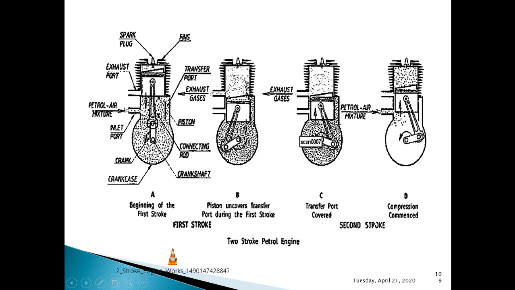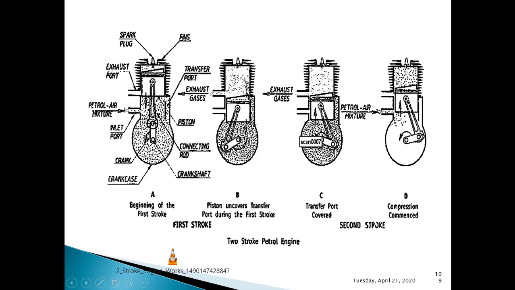So it first uncovers this exhaust port, part of the exhaust gases goes out of the combustion chamber, and next during its downward movement it uncovers this transfer port. As soon as the transfer port gets uncovered, the partially compressed air fuel mixture enters this engine cylinder through this transfer port. That is actually the charge, that is air fuel mixture, that enters this combustion chamber through this transfer port.